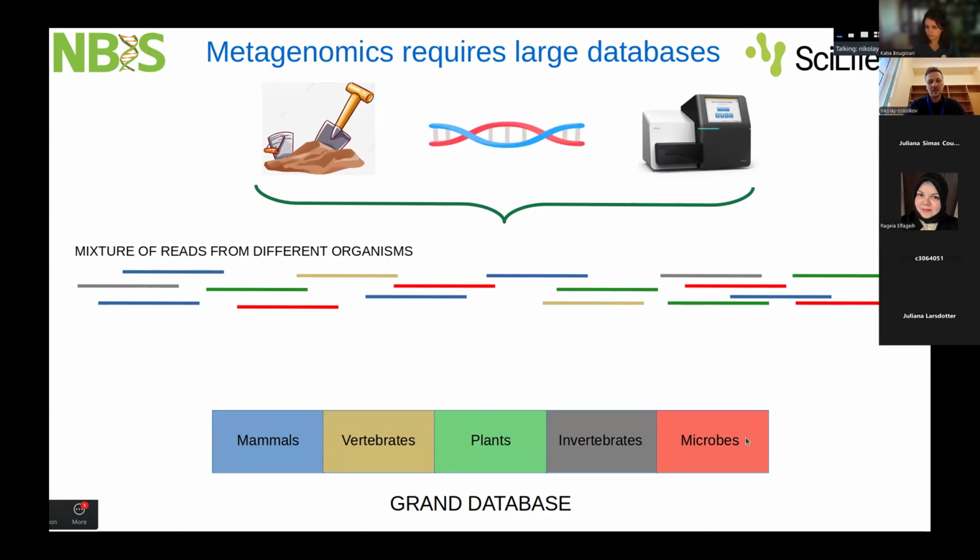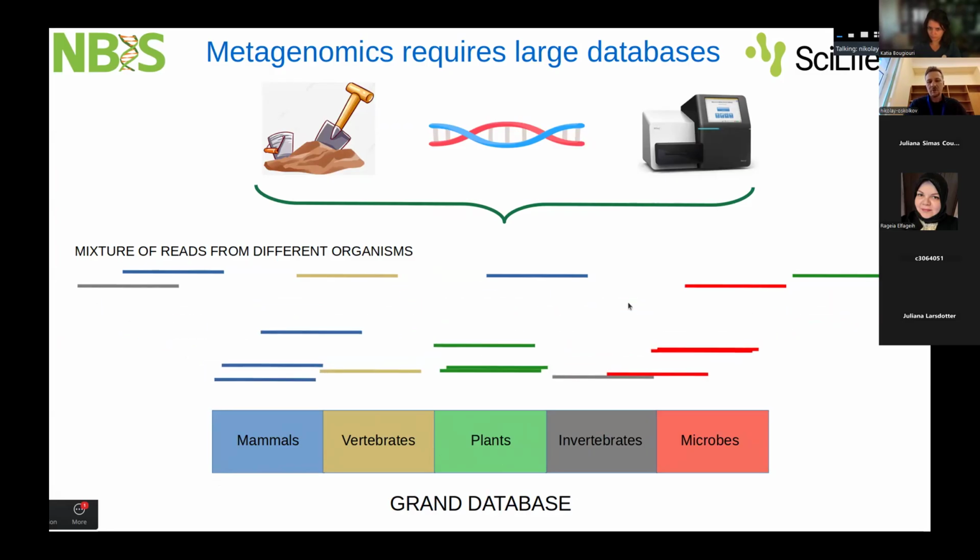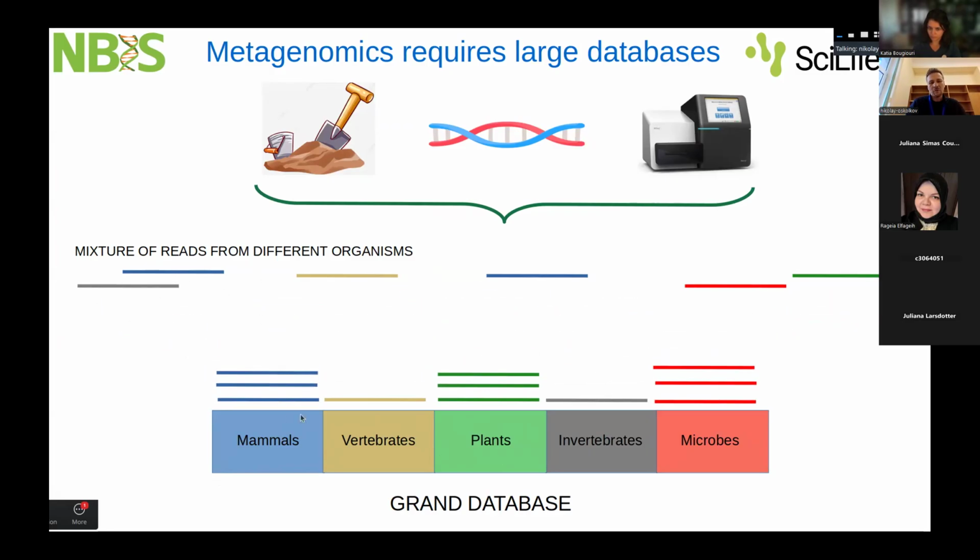So the databases become gigantic. This is simply because you have a mixture of reads and you want to disentangle them. You want all these reads to find their respective references in their respective kingdoms and databases. That's why we need this gigantic database.